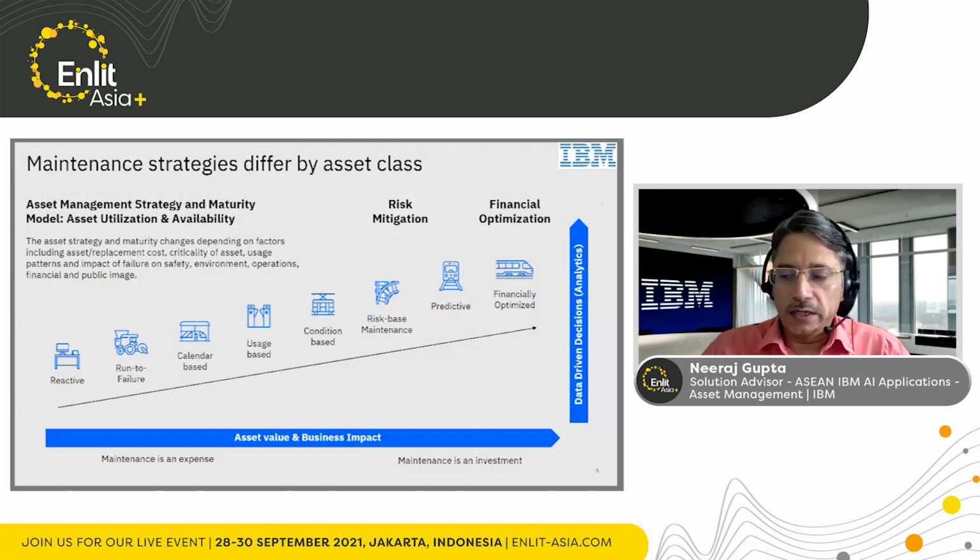As we know, maintenance strategies differ based on the type of asset, and there are other parameters that allow us to choose the right strategy, such as the criticality of the asset and the cost of the asset or its replacement cost. There are so many factors that help us derive the right strategy.